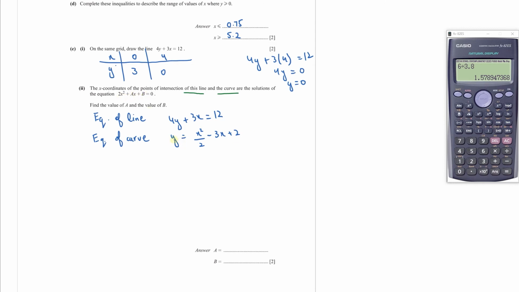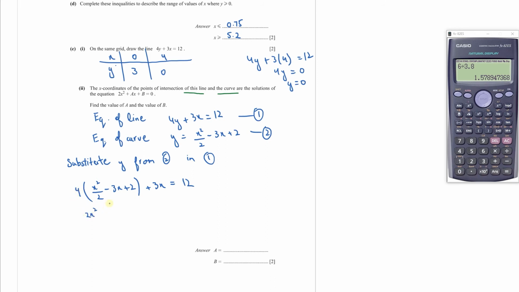So if I substitute y from equation 2, so this is 1, substitute y from equation number 2 in equation number 1. This will become 4 into y. Y is this one, x squared over 2 minus 3x plus 2, and then plus 3x, continuing this equation, equals 12. If I open this bracket, this 2 will cancel out with this. So 2 times 2 is 4.